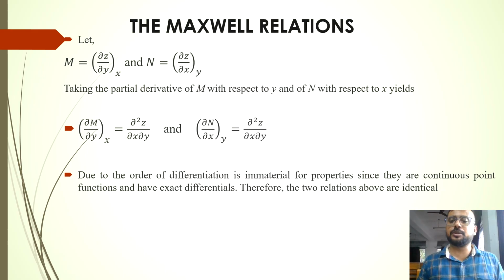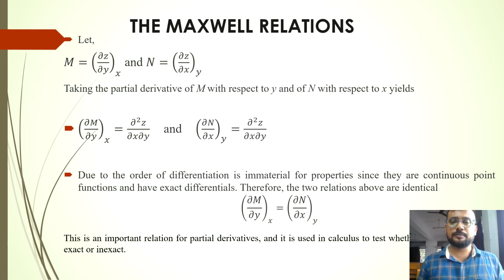Therefore the two relations above are identical, and del M by del y at constant x equals del N by del x at constant y. This is an important relation for partial derivatives, and it is used to test the Maxwell equations with the help of exact or inexact differential equations.